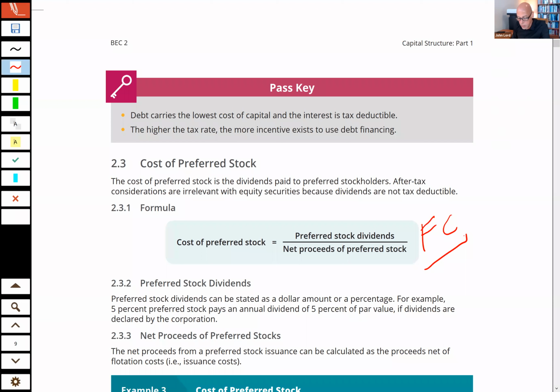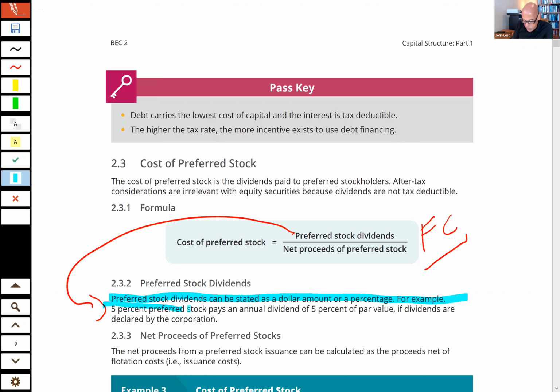and that's going to be the preferred stock dividends divided by the net stock proceeds. Now, preferred stock dividends, you can see here, and I'm not trying to insult anyone's intelligence. I know you've been through intermediate accounting and you already studied this. But preferred stock dividends can be stated as a dollar amount or as a percentage.